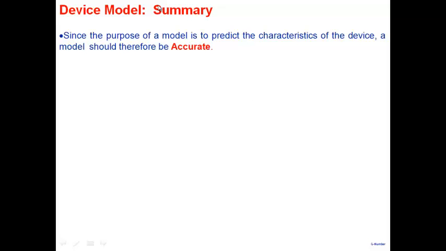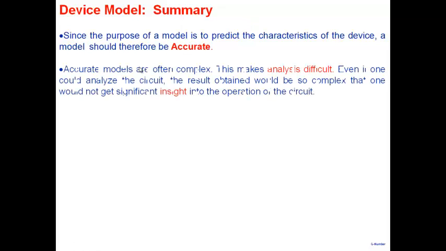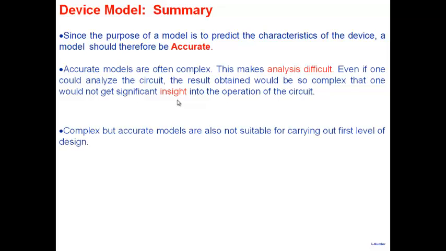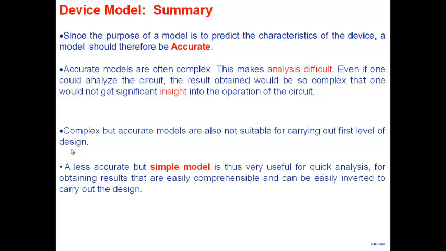Okay, so this is a summary of our discussion regarding the model here. Obviously, any model we want to be accurate, but when we strive for accuracy, the models become complex. That makes analysis difficult. That makes insight difficult here. And also, the complex and accurate models are not very useful for carrying out the design, because the equations that we get are complicated.